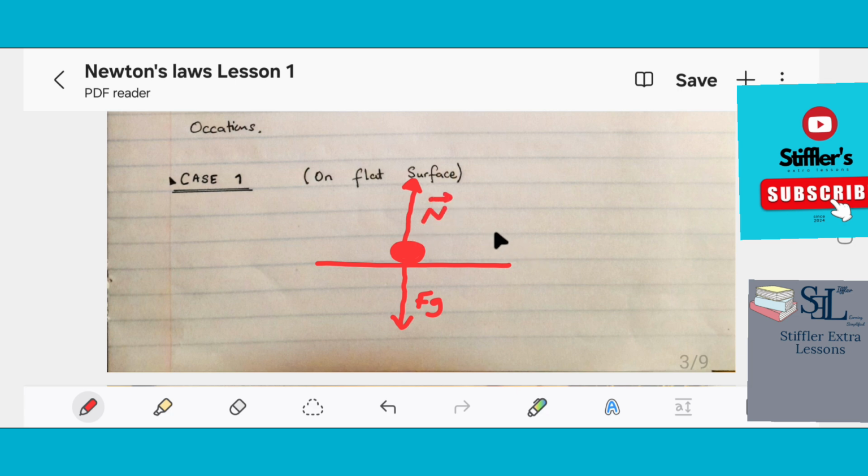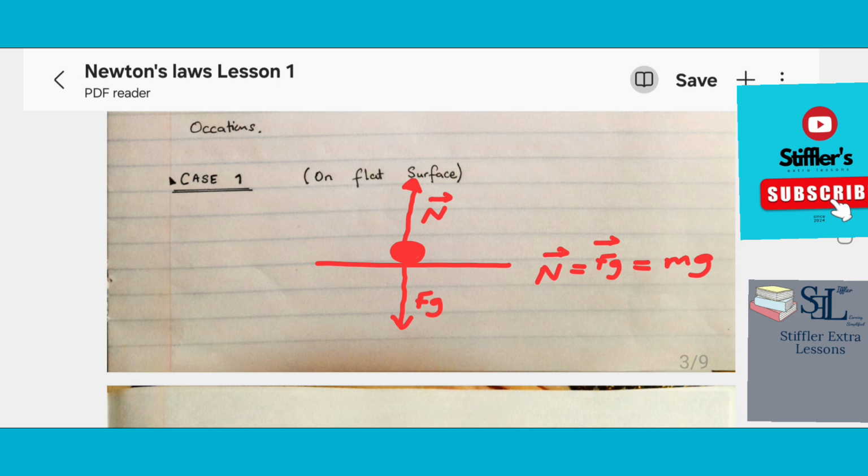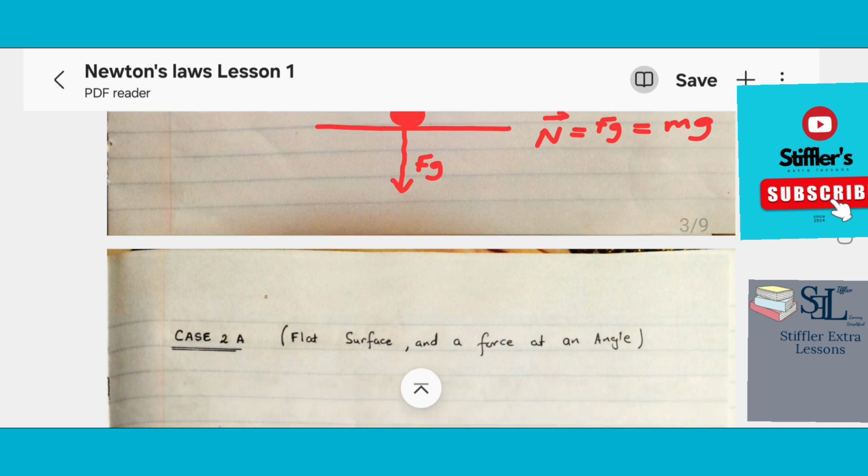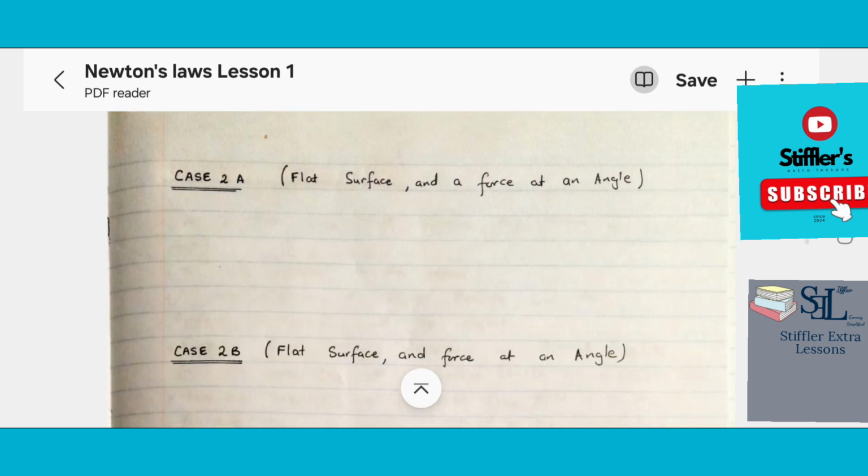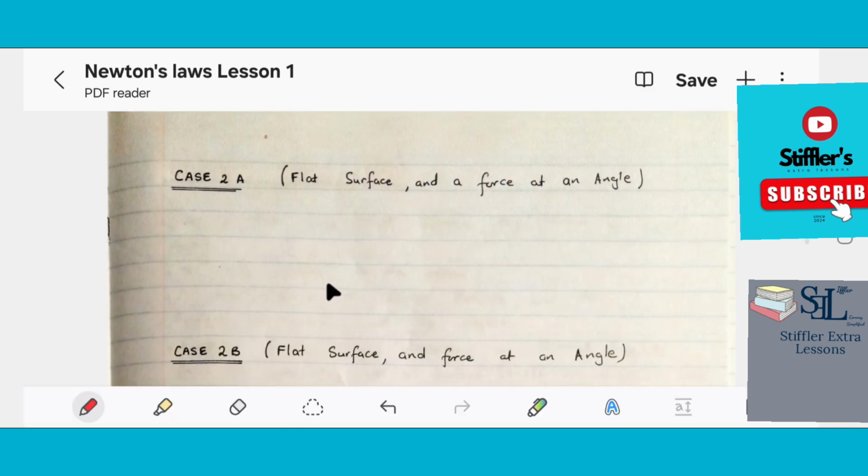So on any flat surface like that, our normal force is equal to our Fg. And how do you calculate our Fg? This is mg. Don't forget that. So this is on a flat surface. This is what happens. Our normal force will be equivalent to our gravitational force, just like that. So now let's talk about case 2 or scenario 2.